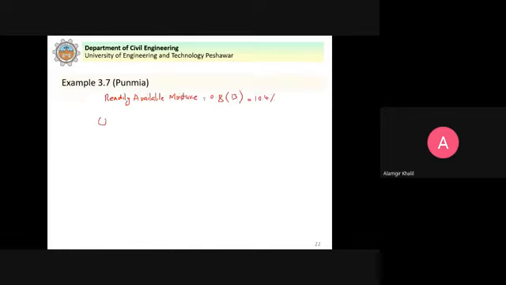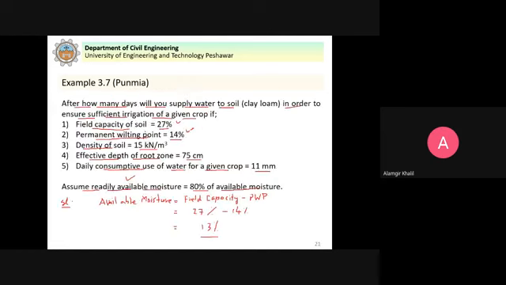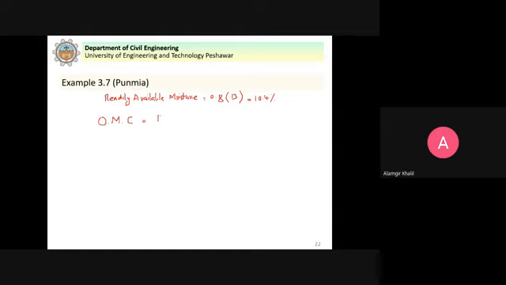So we have the optimum moisture content, that will be equal to field capacity minus the readily available moisture.